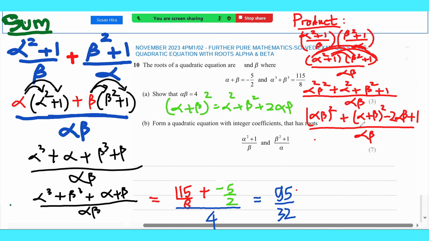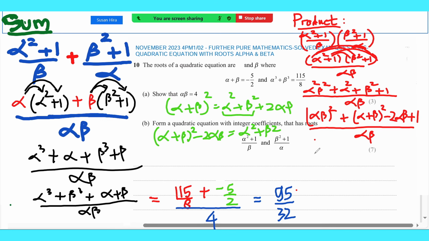Now if we want to isolate alpha square plus beta square, it will be alpha plus beta square minus 2 alpha beta. That's why we substitute alpha square plus beta square with this. The left hand side is alpha plus beta square minus 2 alpha beta.